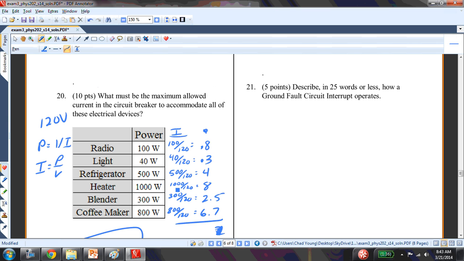All right, describing in 25 words or less how a ground fault circuit interrupter, GFCI, works. It monitors I in and I out.